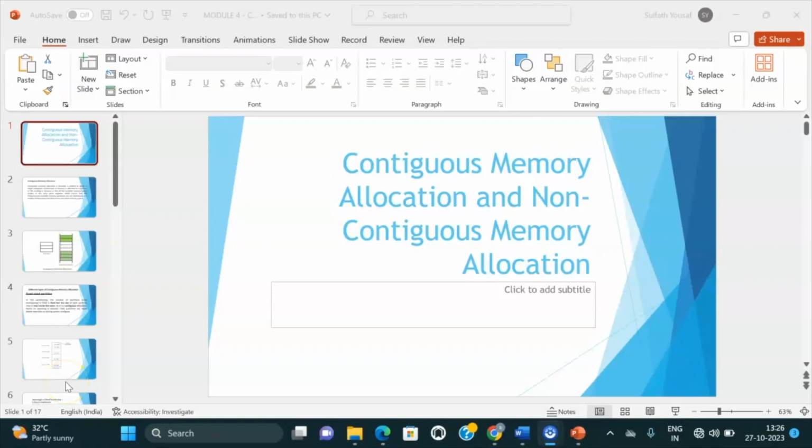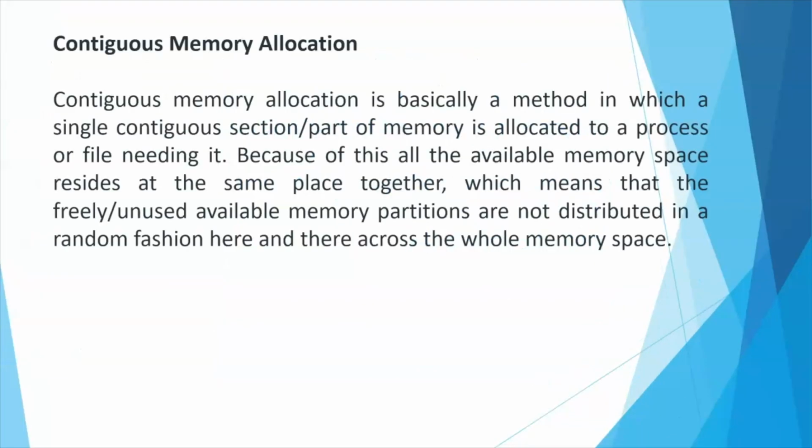Hello all. Today I am going to discuss continuous memory allocation and non-continuous memory allocation in operating system. Continuous memory allocation is basically a method in which a single continuous section or part of the memory is allocated to a process or file needing it.